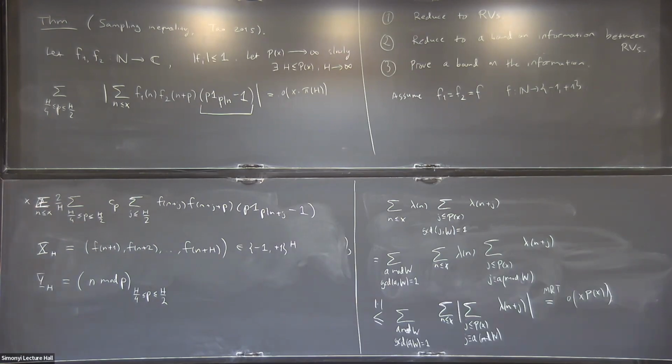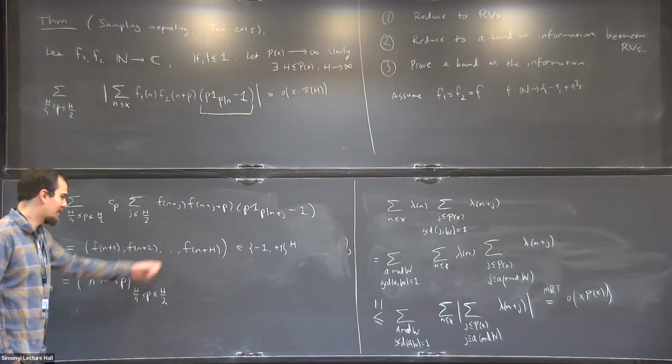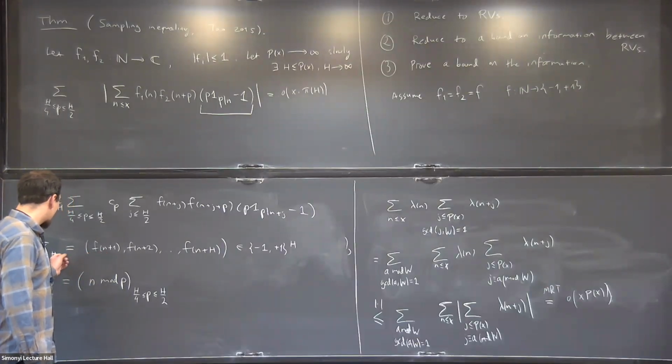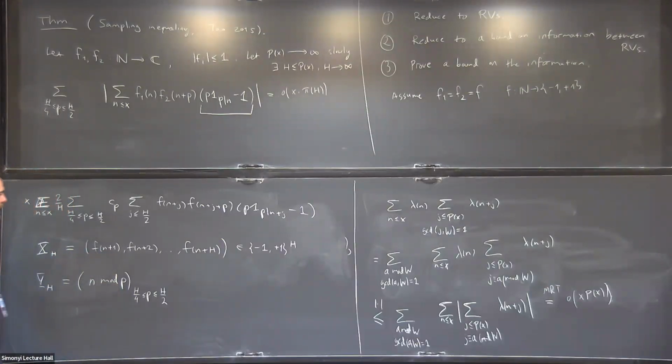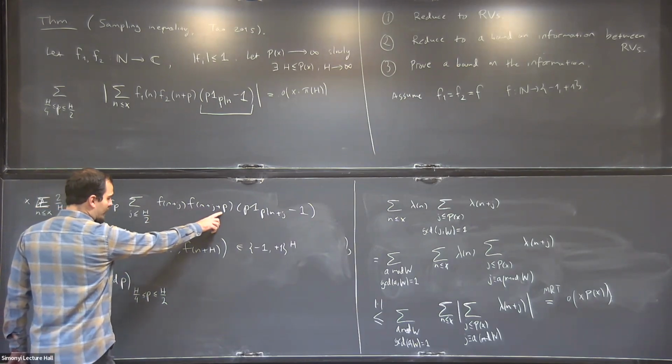Okay, and I claim that if you know what x of h is, and if you know what y of h is, then you can compute this. In other words, this is a function of x of h and y of h. So what values of f do we have here?